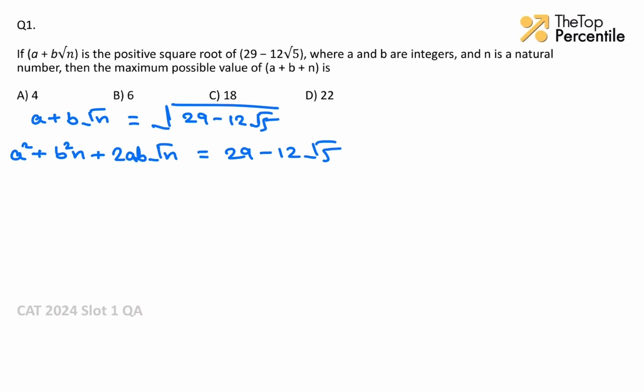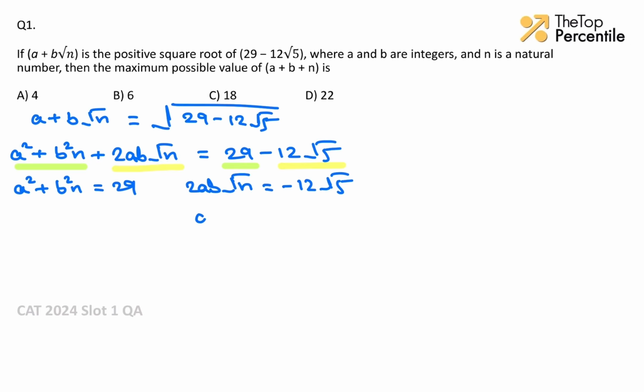So if you can observe here, I have a rational part on the left hand side, a rational part on the right hand side, and I have an irrational part on the left hand side and an irrational part on the right hand side. So we can equate these. So this will be a square plus b square n equals 29. This will be 2ab root n equals minus 12 root 5.